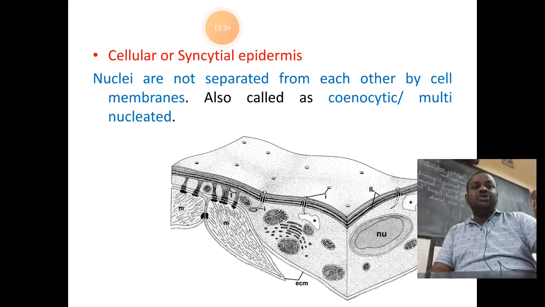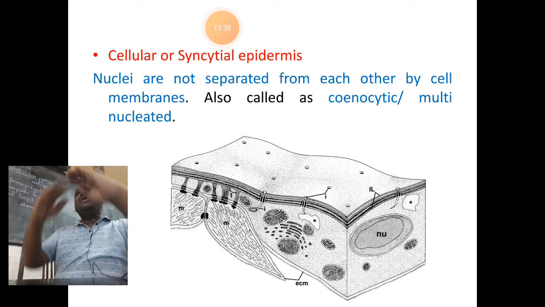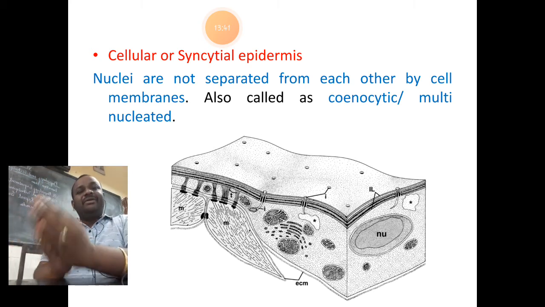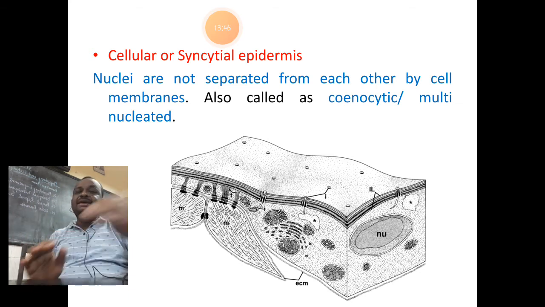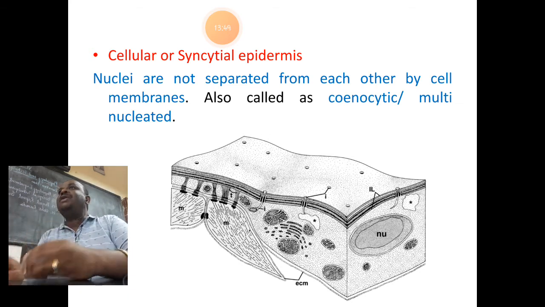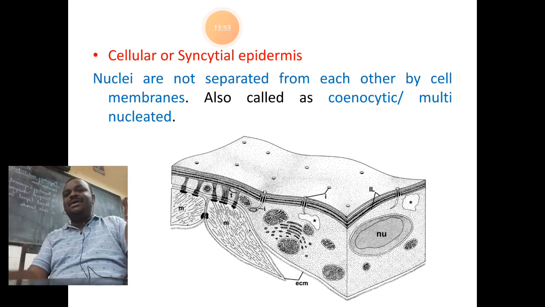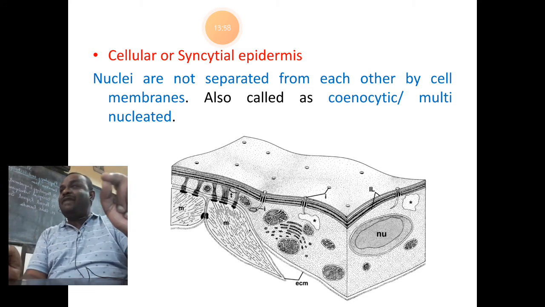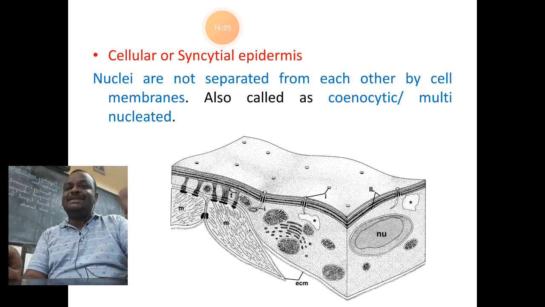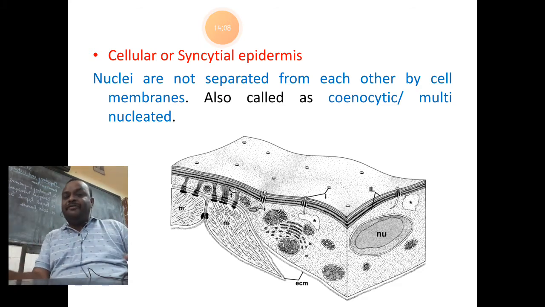Then the next important concept is related to the epidermis. So when we remove the cuticle part of the organism, the next immediate part that we find below the cuticle is called the cellular or syncytial epidermis. Students, remember, the same concept we have learned with reference to platyhelminthes also. Here, syn refers to fusion, cytos refers to cells. So the cells of the epidermis appear as if they are all fused.